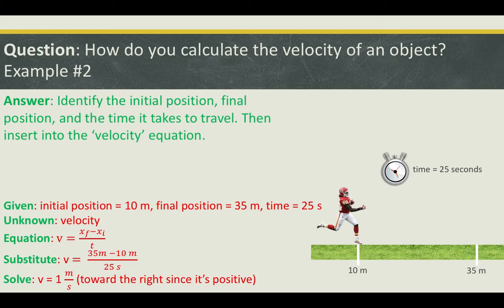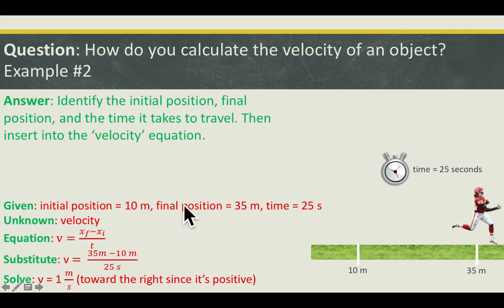In this next example, this shows a football player where we know the starting and ending positions. So we know the initial position is 10 meters, final position is 35 meters. That happens in 25 seconds, so that's pretty slow. We use the larger form of the velocity equation where we put the difference of the positions.